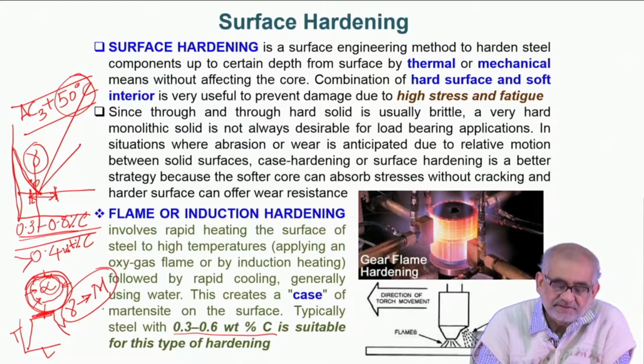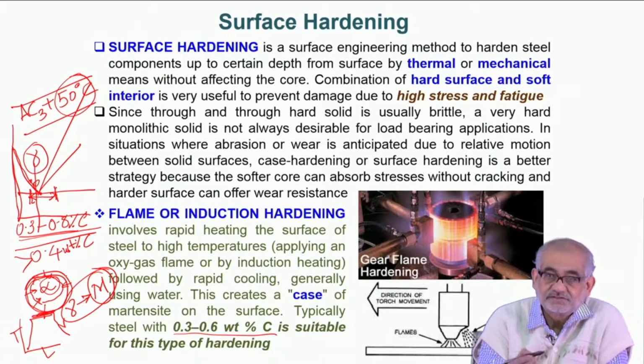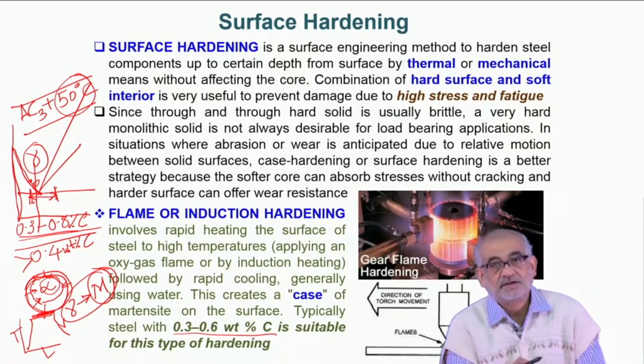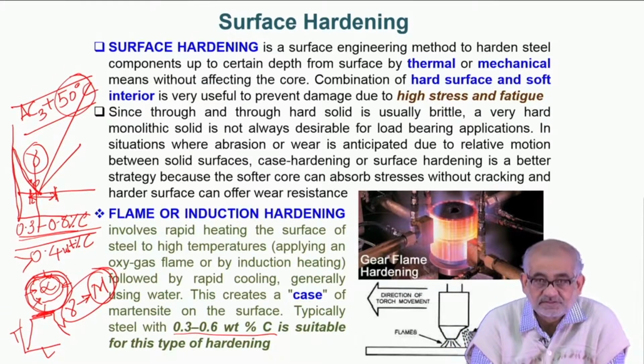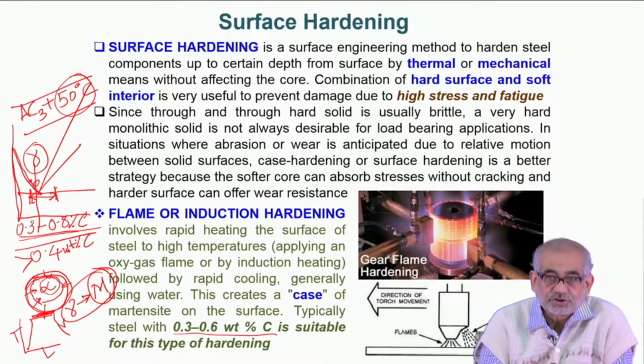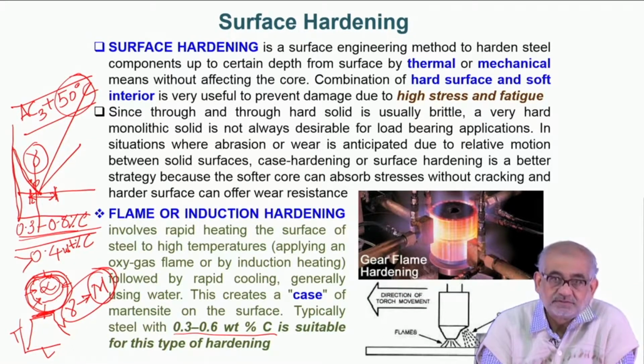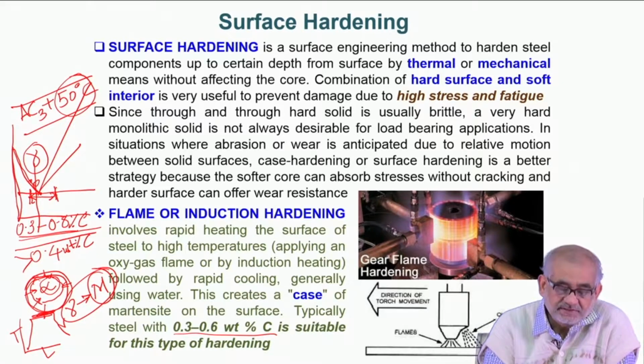So, the strengthening is because of martensite, as compared to the previous surface deformation induced processes like shot peening or laser shock peening, where we introduced plastic strain and dislocation density, and that is how we created residual compressive stress. Here, the process involves a solid state phase transformation wherein austenite transforms to martensite.